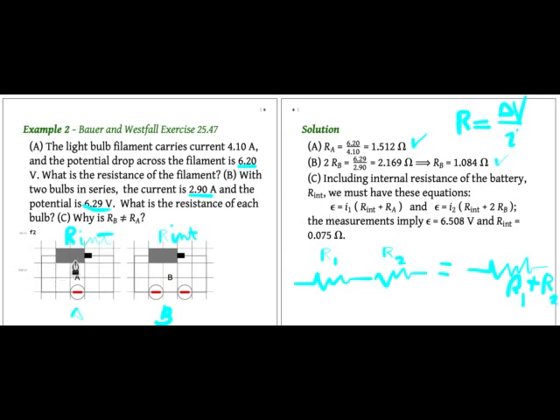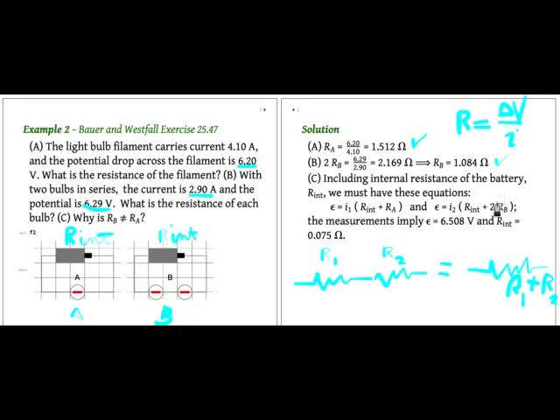The EMF of the battery has to be the current times the internal resistance plus RA. And the EMF of the battery, in the second case, has to be the current times the total resistance. And again, these are three resistances in series. The current has to go through the battery and then through the two filaments, so those resistances are in series.